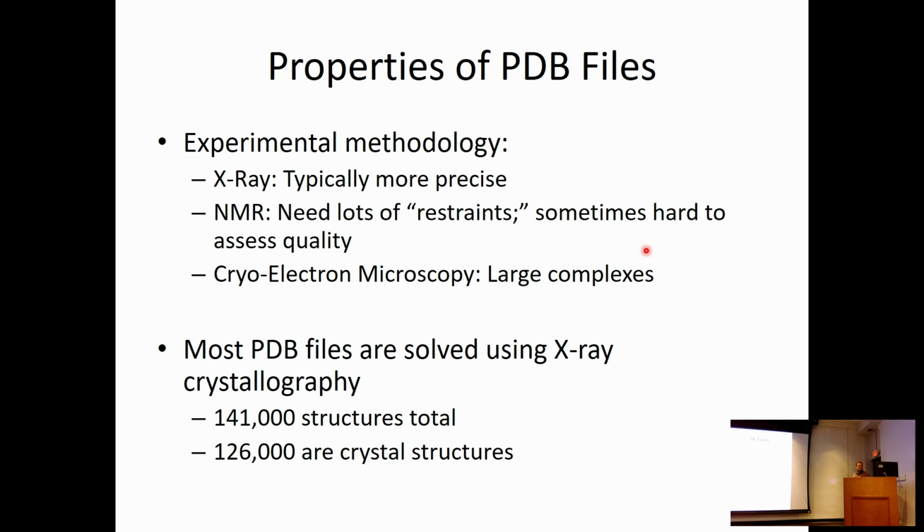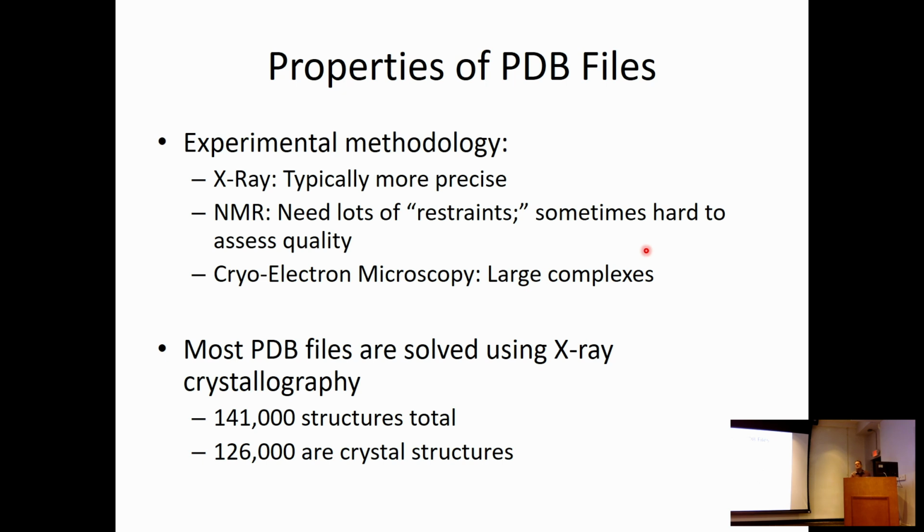There's two main types of files that end up in the PDB. We'll talk primarily about protein crystal structures in today's session. But as techniques develop, as people use different types of methods to solve structures, you're seeing more and more types of data in the Protein Data Bank.